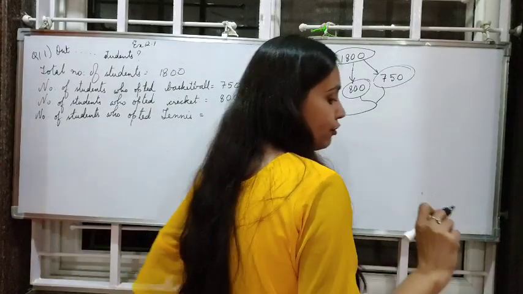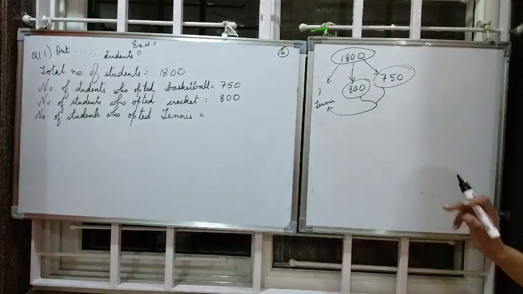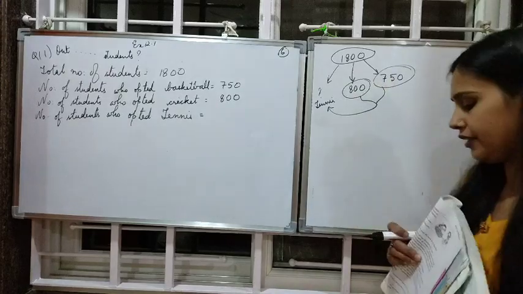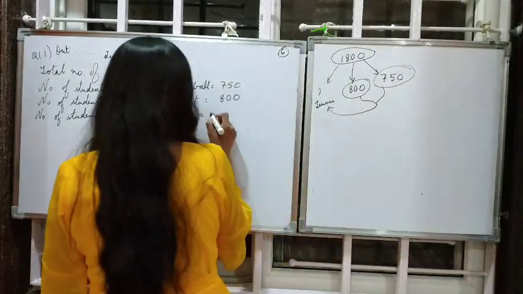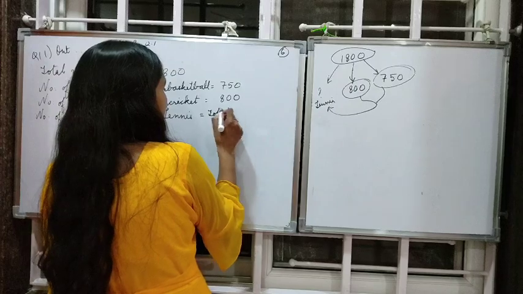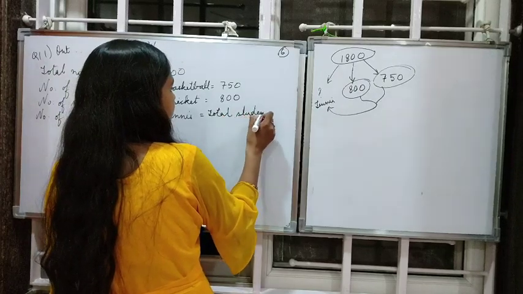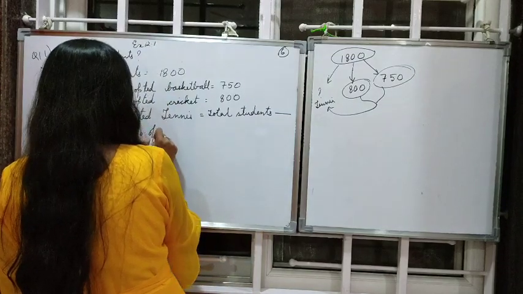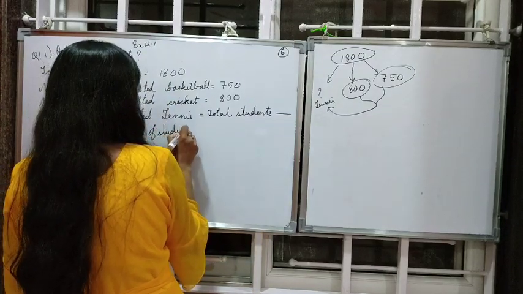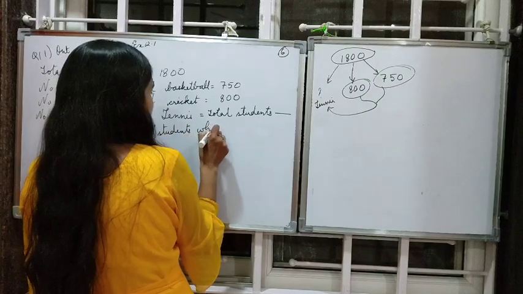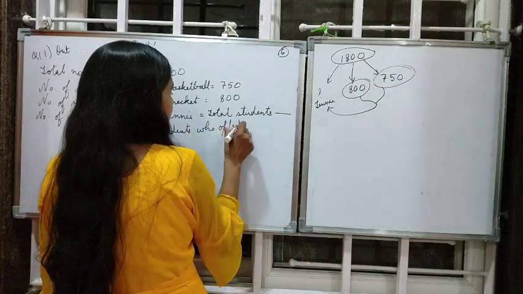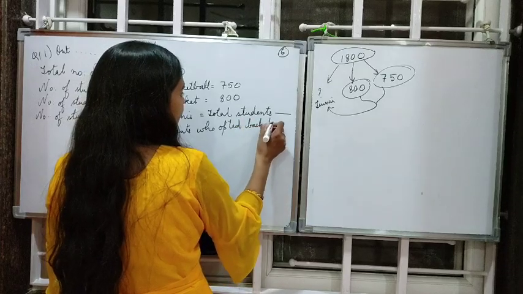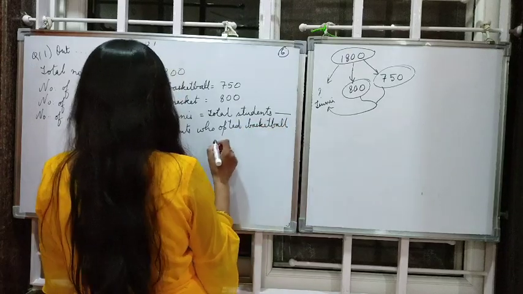From the total, we remove the students who opted for basketball and cricket. So total students minus the number of students who opted for basketball and cricket.